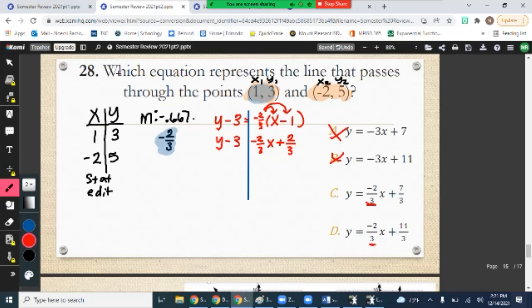All right, so now the last step is to add the 3. It's a minus, so you add. You cannot add it to the slope because when you use point slope form, slope never changes. That's probably the 3rd time I said that today. So 2/3 plus 3.